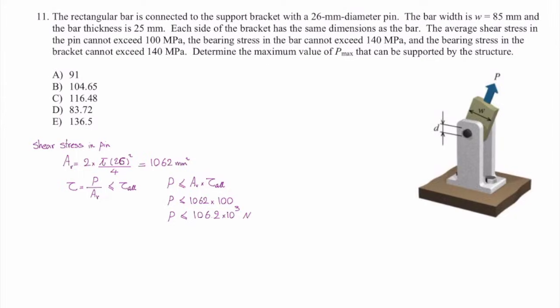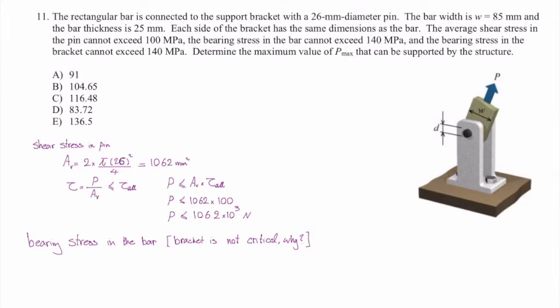All right, let's do the same for bearing stress in the bracket and in the bar. Here, I just need to determine the bearing stress in the bar, not in the bracket.